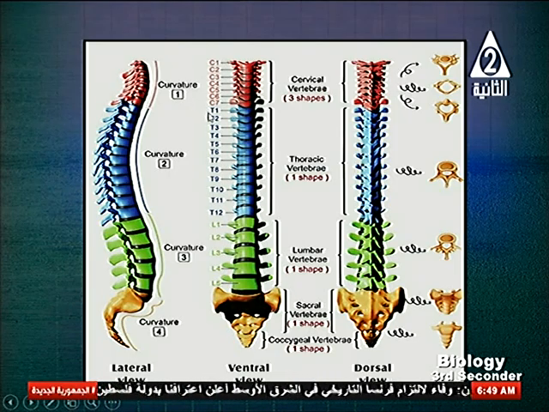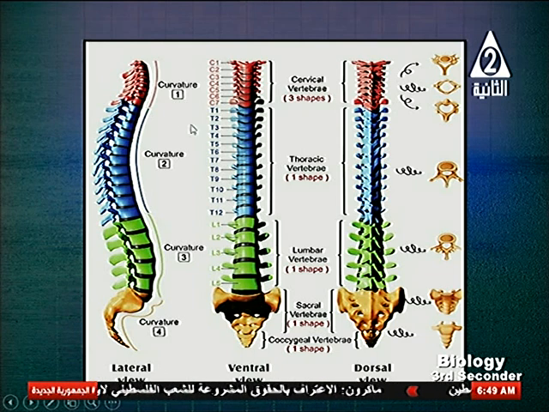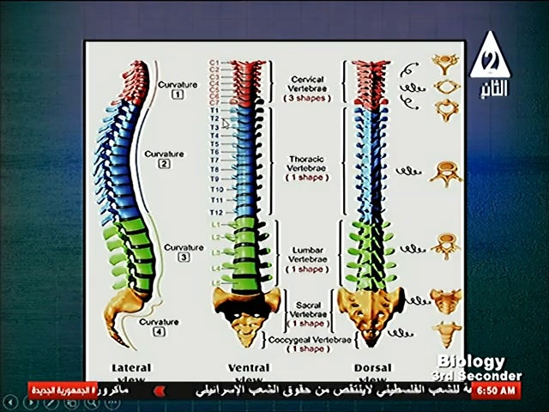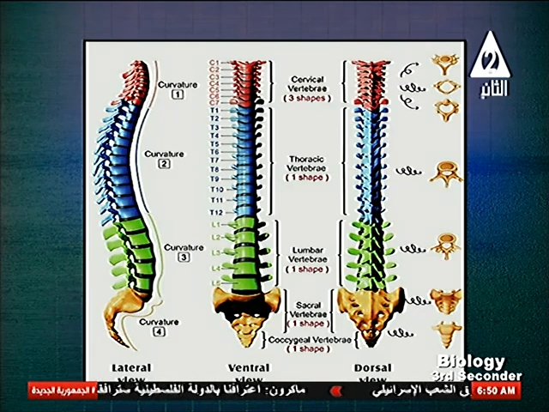They start from number 8 up to number 19. Vertebra number 8 equals thoracic vertebra number 1. Vertebra number 10 equals thoracic vertebra number 3. So when we would like to calculate the number of a thoracic vertebra, don't forget to add the number 7.